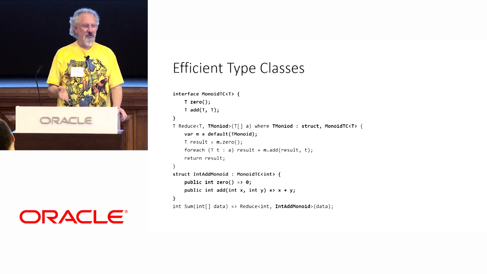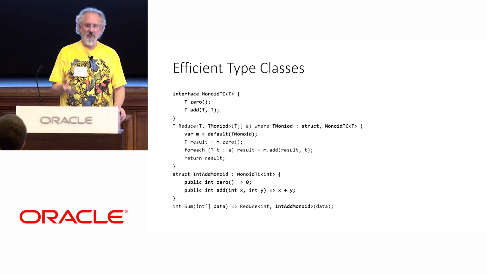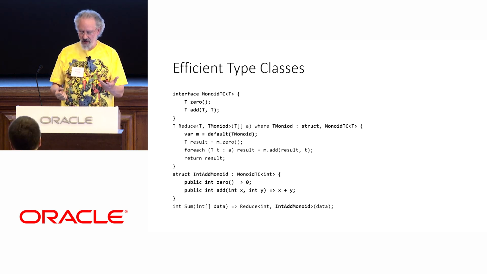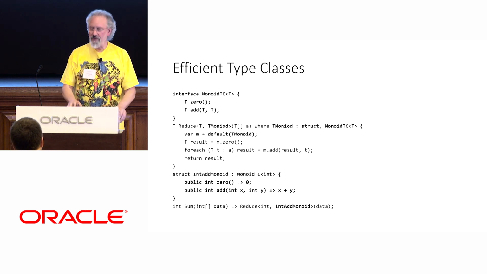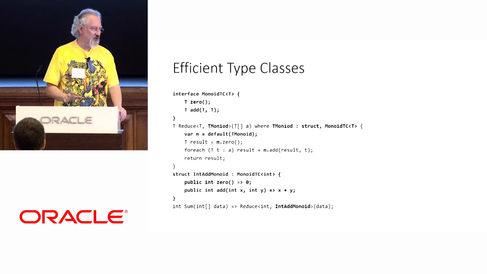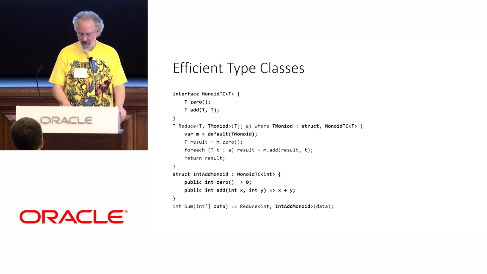Now the problem is, int doesn't implement this interface. So we have to somehow impose this interface externally when we're working with an int. And the way we use the monoid in the implementation of our reduce method now is we pass it as a type parameter.